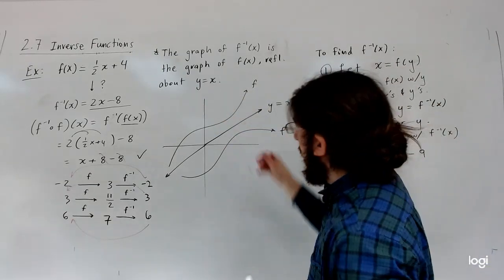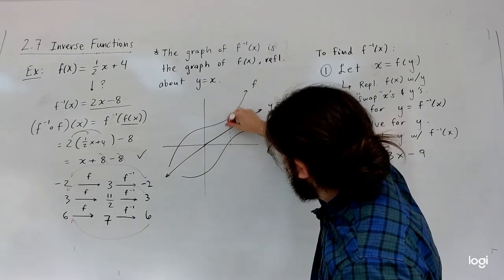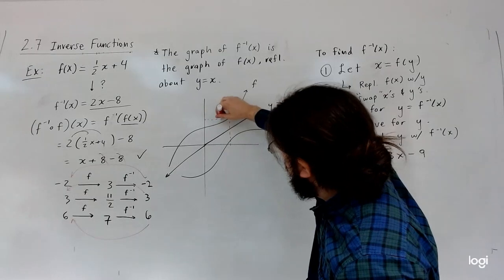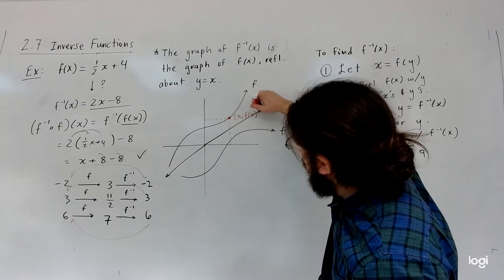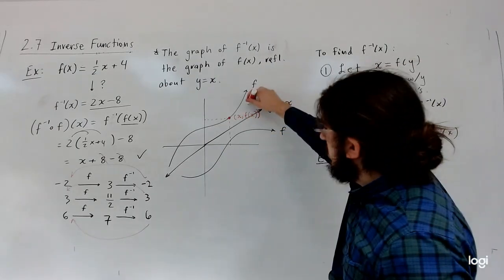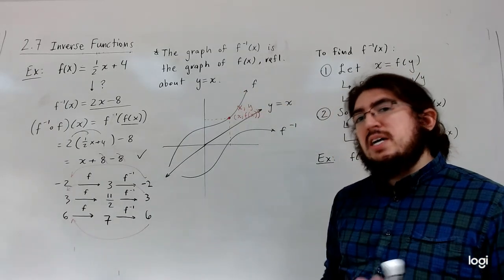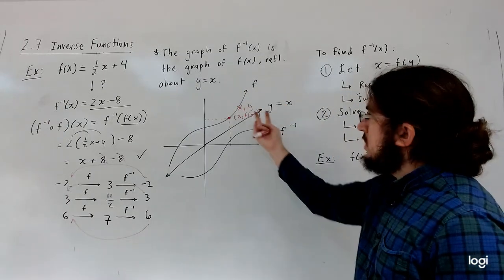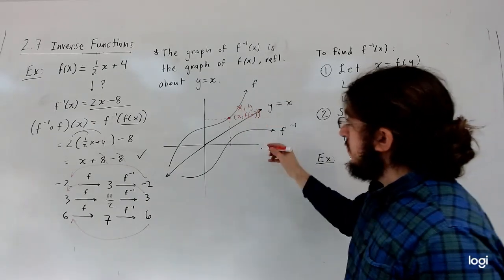So if you pick any point here, it's on the graph of f, so it's of the form x comma f of x. Okay, good. So this is the y value. But remember, f inverse undoes what f did. So the x and y values will be swapped for f inverse.